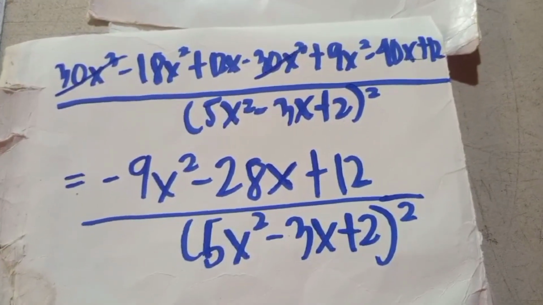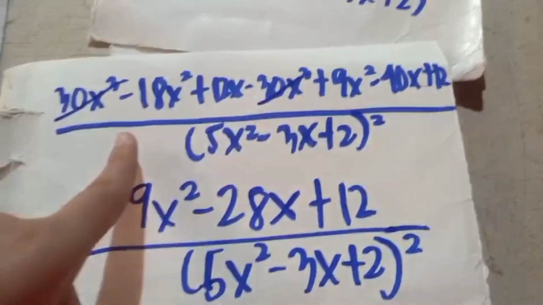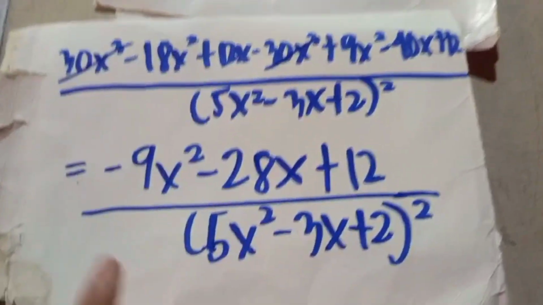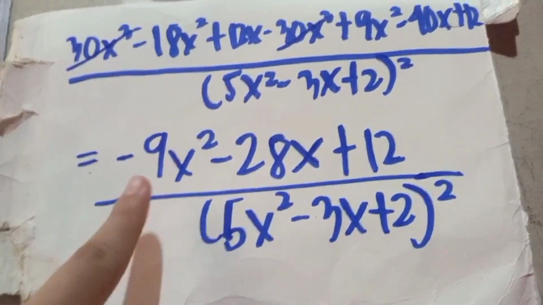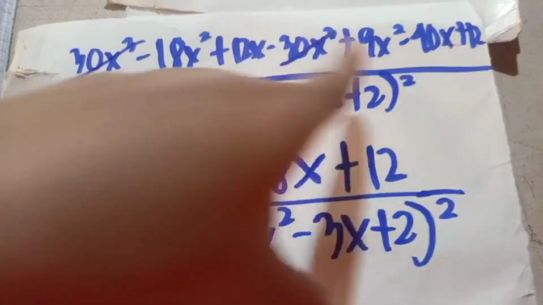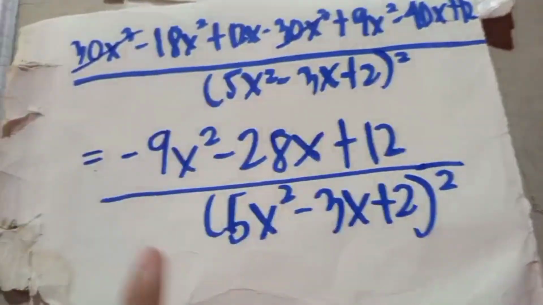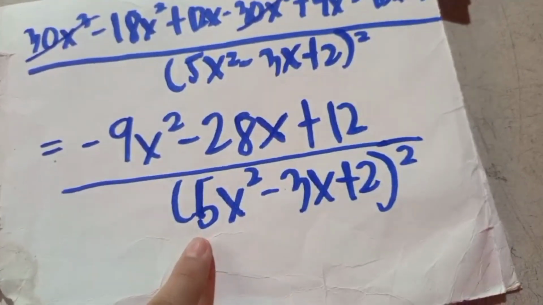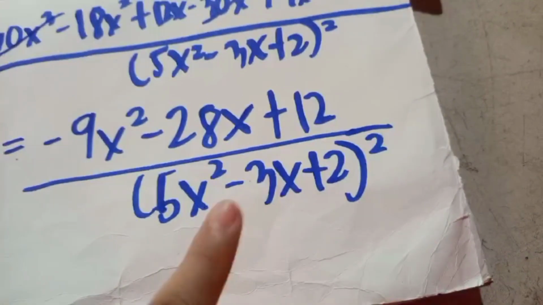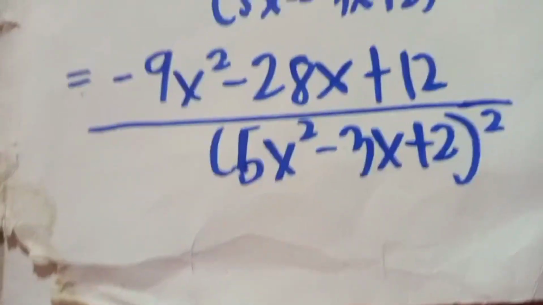So it will become this. Negative 18x squared plus 9x squared becomes negative 9x squared, and 12x minus 40x becomes negative 28x plus 12, all over our denominator, which is 5x squared minus 3x plus 2 squared. So here is our final answer.